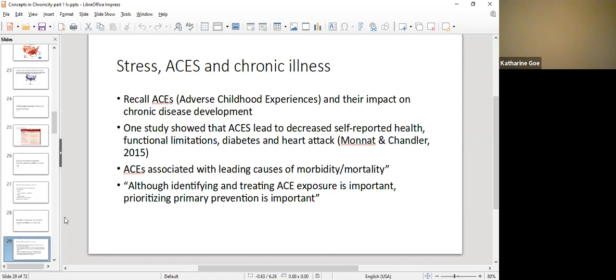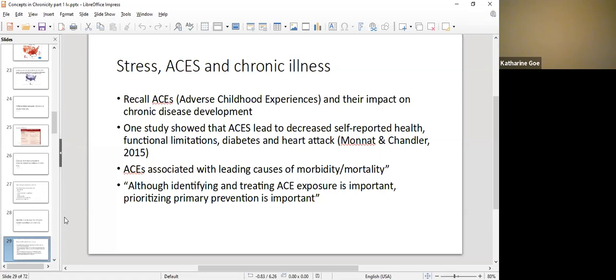What's interesting is that higher ACE scores affect people's health-seeking behavior. People tend not to report health functional limitations, diabetes, and heart attacks, so quite often those conditions go untreated because they're unreported.